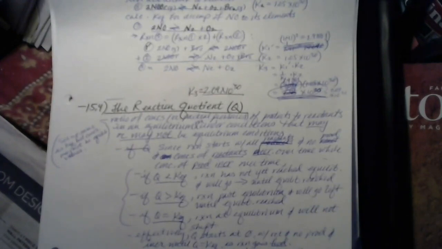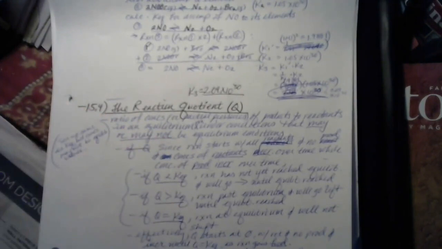But you can also approach equilibrium from the other direction. You could put the products in with no reactants. And like I said, a situation where you have all products and no reactants is essentially a situation where Q would be infinity. So it's very big because the concentration of reactants in the denominator would be zero.